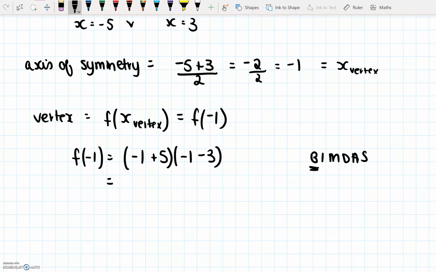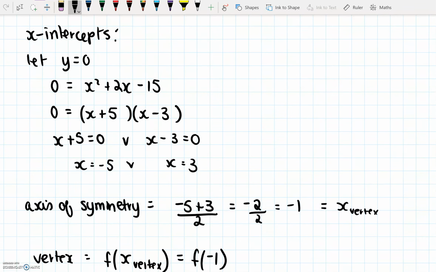So -1 + 5 is 4, and -1 - 3 is -4, so it's just 4 times -4, which is -16. Okay, so that means our vertex is at (-1, -16), and that should be our vertex for this parabola.